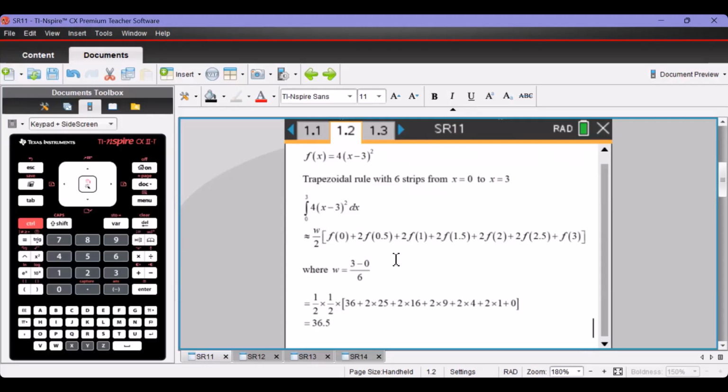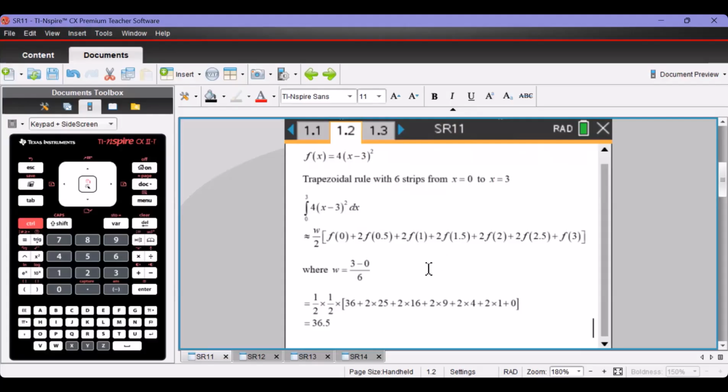At one end you have f of 0, and at the other end f of 3. In the middle, you have f of 0.5, f of 1, f of 1.5, f of 2, and f of 2.5. And the 2's represent the fact that you're counting those function values twice because you've got adjoining trapezia.